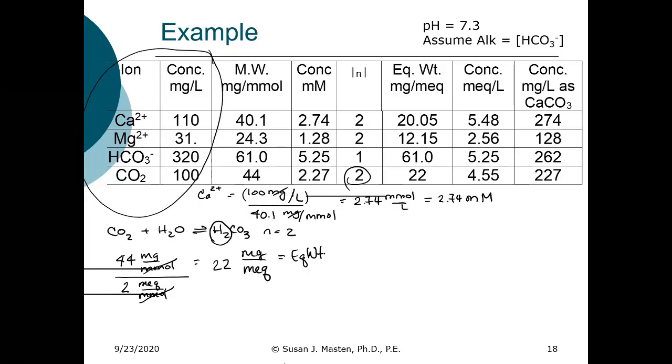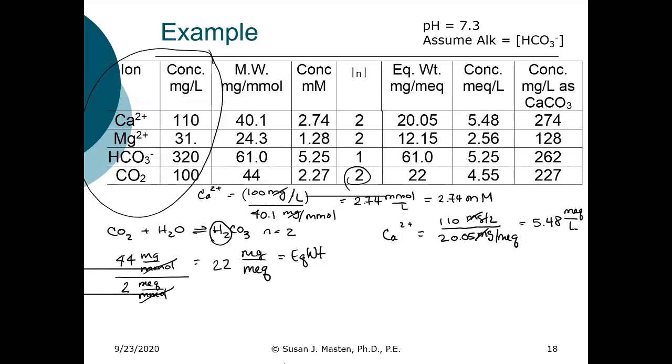So we can do the same thing for the other species. We then want a concentration in milliequivalents per liter. So if we take that calcium, we have 110 milligrams per liter. We divide that by the equivalent weight. Milligrams cancel, and we have 5.48 milliequivalents per liter.